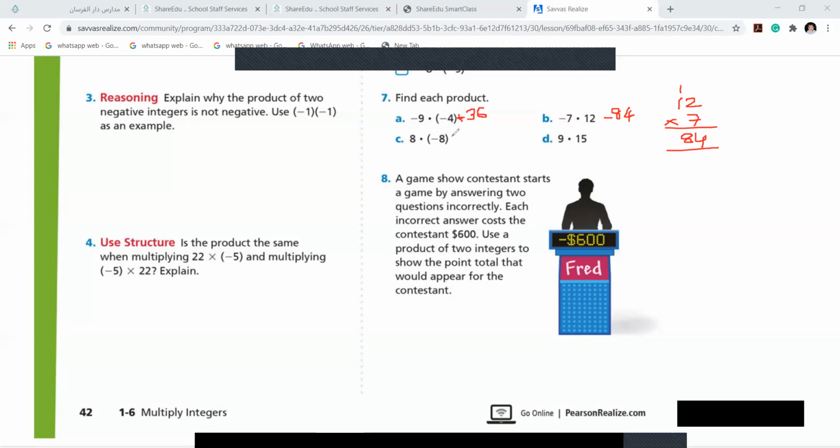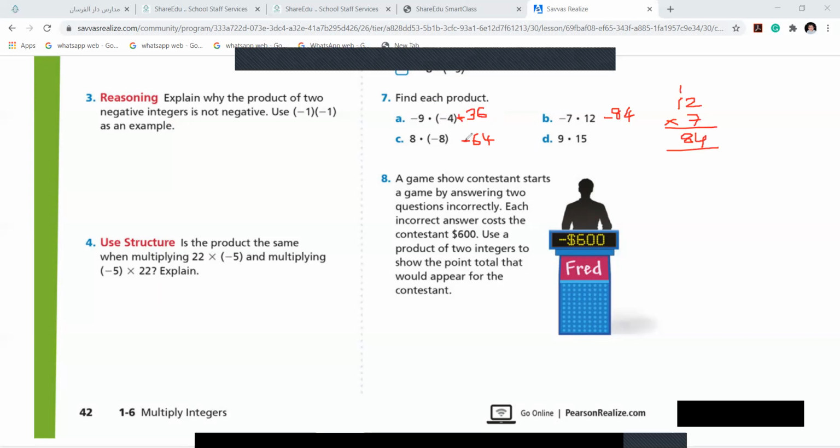Very good, Miral. Next, Dana, tell me this one. 8 times 8. Plus 64. 64. And the signs are opposite. So what will I put here? Plus? No, Dana, minus. Opposite signs can never be plus here.